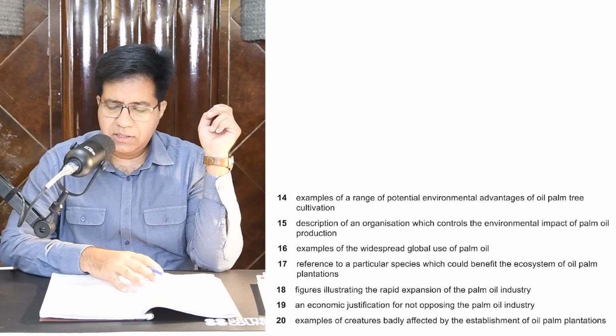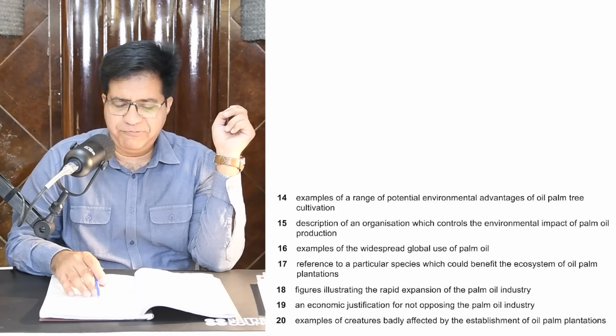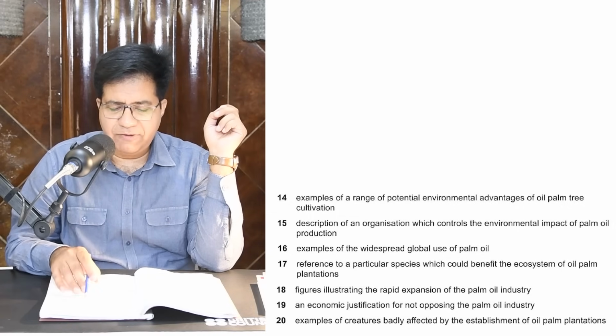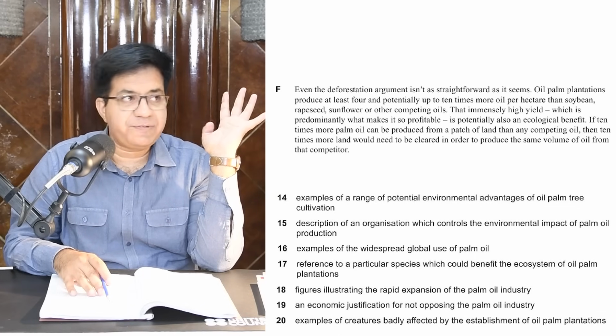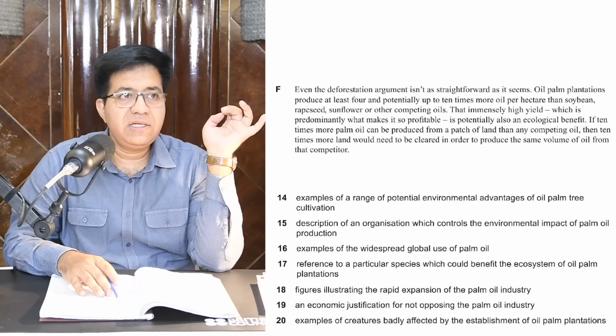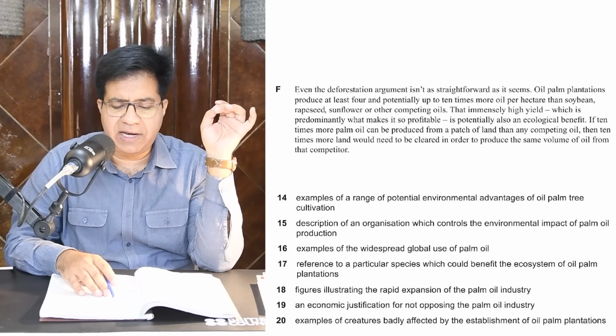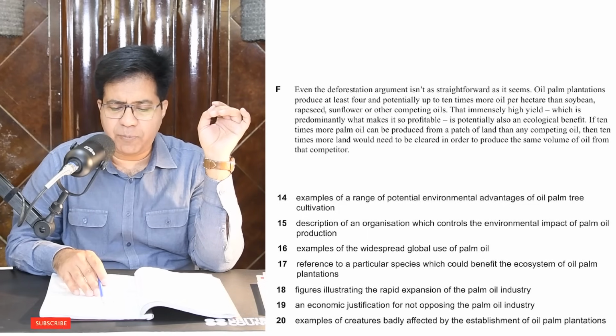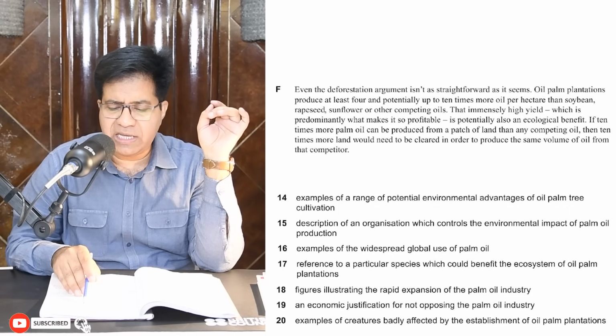All right. Can you see paragraph F? Yes, paragraph F, first paragraph, fifth line, there they say predominantly. Found it? Now the first benefit: what makes it so profitable is potentially also an ecological benefit.